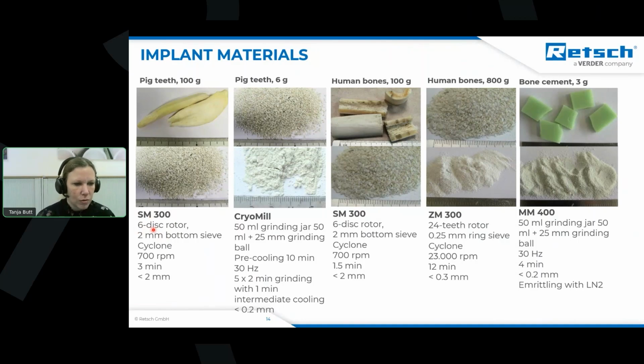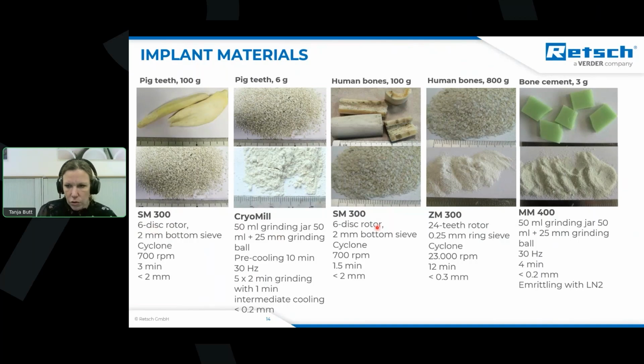But if you change to a more robust 6-disc rotor, then the same mill is able to crush even this hard materials. So what I want to tell you here is with the same mill, but choosing different equipment, you can adapt it to many different sample materials as a rule of thumb. And this is also true for all the other machines where we have different equipment. You can adapt it to your specific requirements.